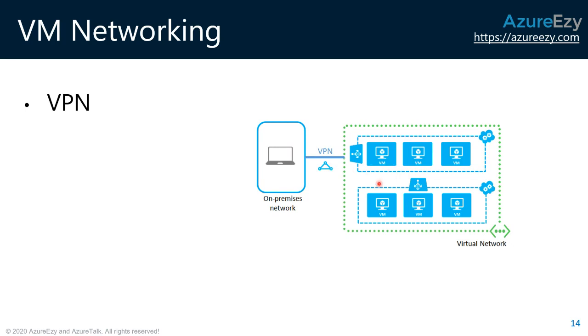Now, if you want to access something on the office network while working from home, you must have seen that some of the resources you cannot access without a VPN connection. So you should know that if your service is deployed in Azure and is not exposed over the internet, then wherever you are, you must have a connection established to that network in Azure so that you can actually establish that communication.